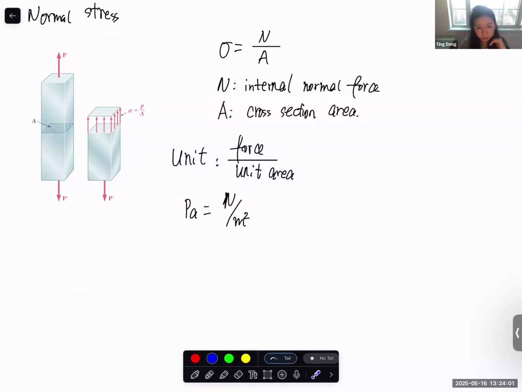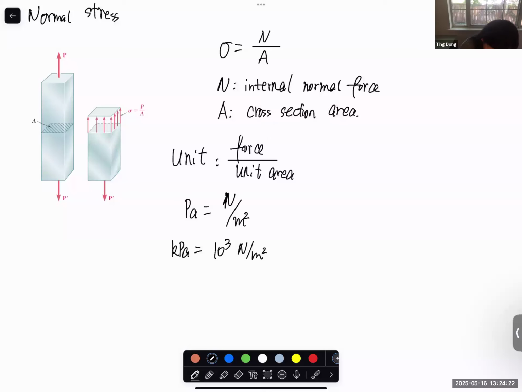Just imagine you have 1 Newton force applied uniformly to a 1 meter square area. So normally we could use kilopascal, equal to 1,000 Newton per meter square. Megapascal, 10 to the 6 Newton per meter square.